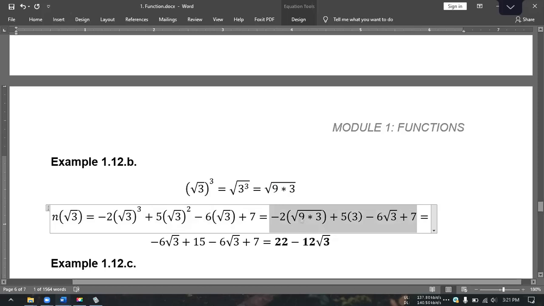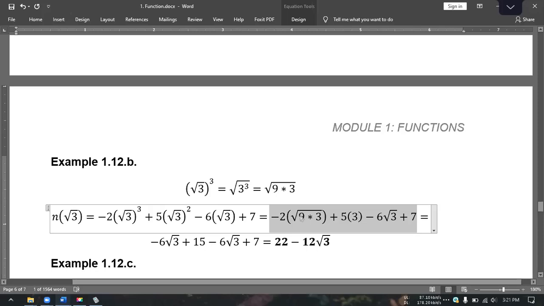Nakuha itong square root of 9 times 3 from here. That's plus 5 times 3. 3 here is the result of squaring the square root of 3. And then copy natin. Then simplifying this, we can now extract the root of 9. What is the square root of 9?